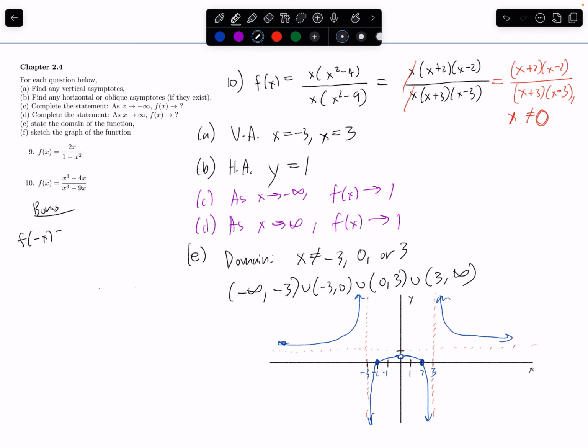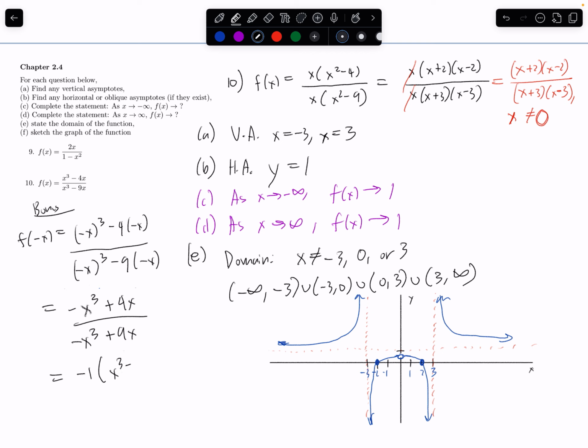What's f of negative x? That'll be negative x cubed minus 4 times negative x. The bottom is negative x cubed minus 9 times negative x. And let's do a little simplification here. That's negative x cubed plus 4x over negative x cubed plus 9x. Let's factor out a negative 1.